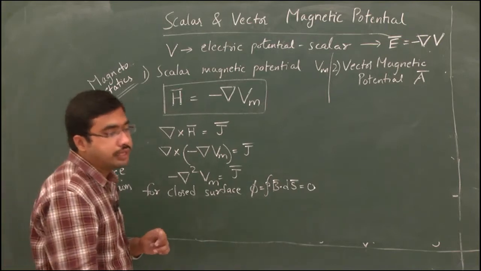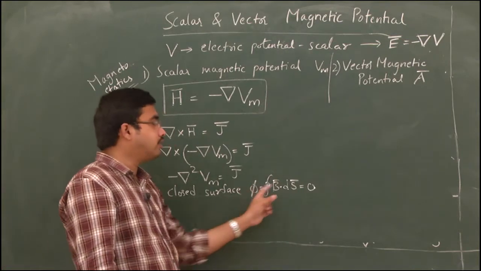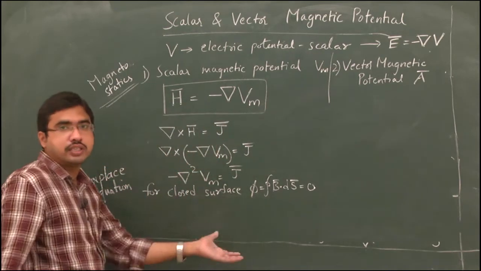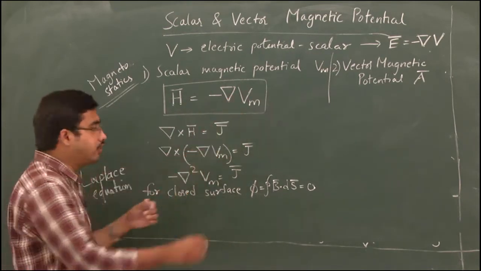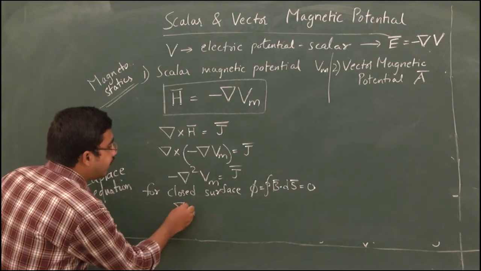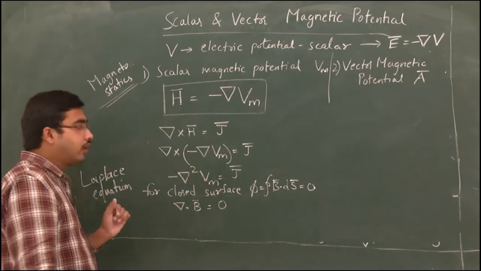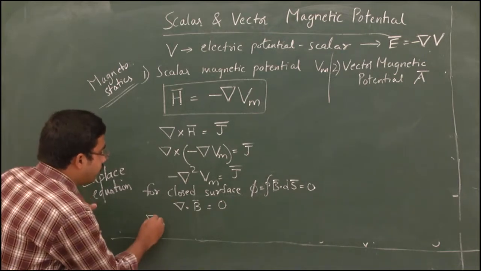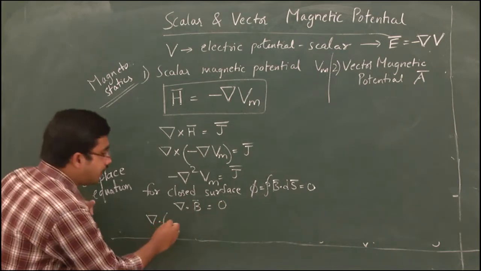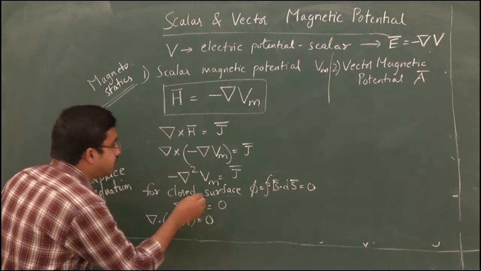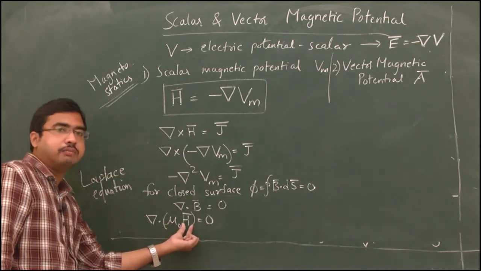And by applying the divergence theorem, in our previous Maxwell's equation we defined that del dot B bar is equal to 0, where del dot B can be written as mu naught into H bar, that is equal to 0.